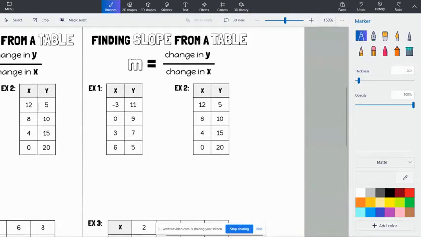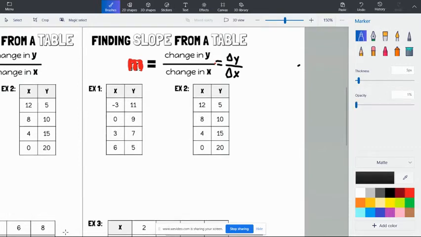As a reminder, this is your definition for slope. Slope, m, is your change in y divided by your change in x. We defined that last time as delta y. Remember, delta means change in over change in x. It's a shorthand way to write it.